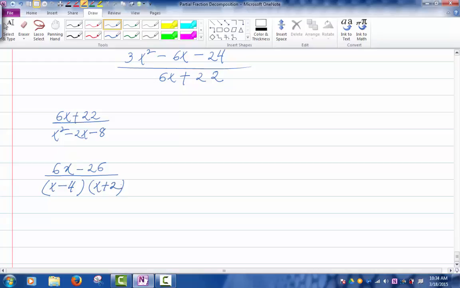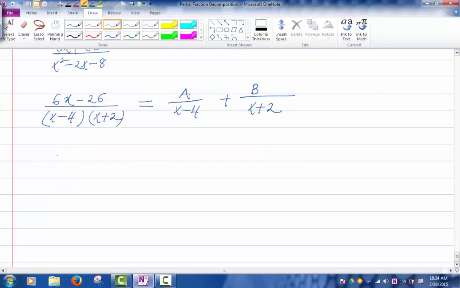Okay. Now I see why you guys were hesitant to say anything. So now what would be the partial fraction decomposition? I have two linear factors. Multiplicities are 1. Very good. So A over x minus 4 plus B over x plus 2.